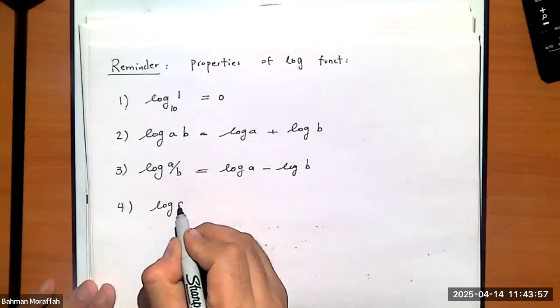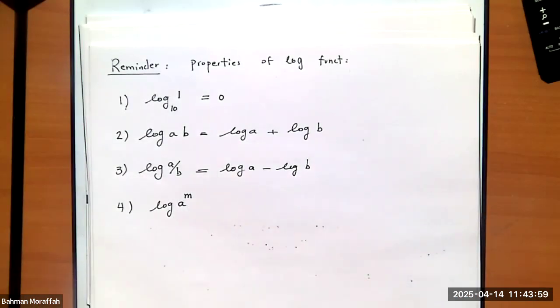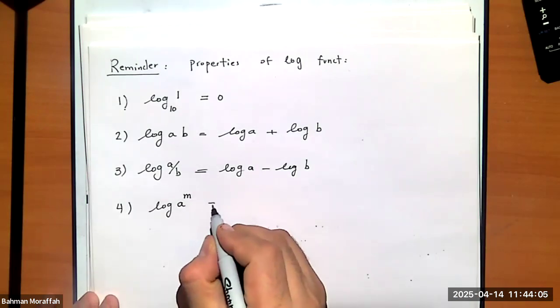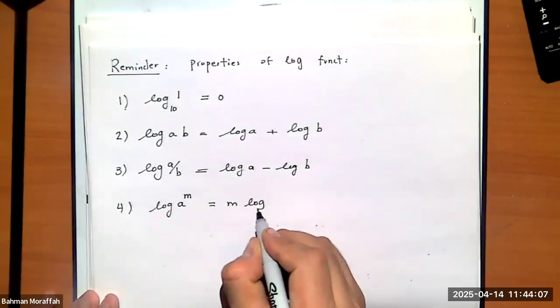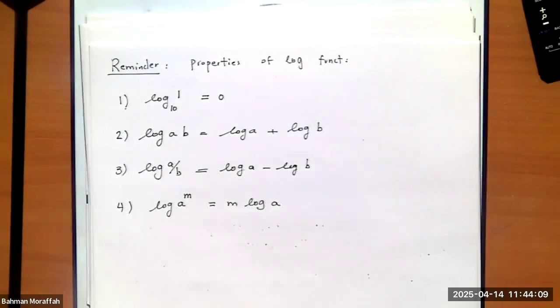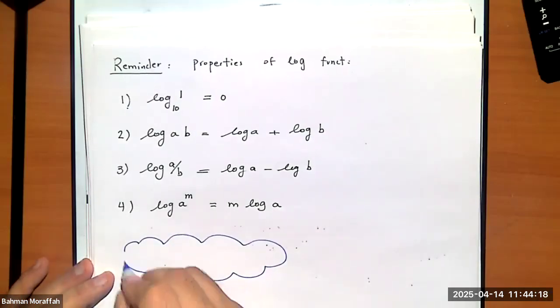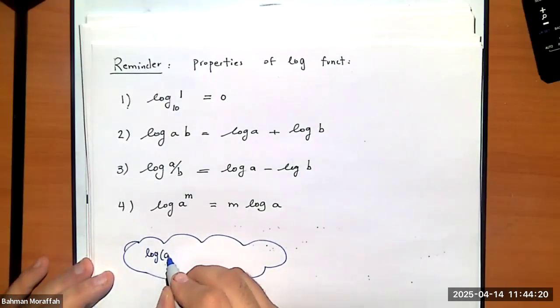What's the log of a to the power of n? We can use property 2 to show this is n times log a. What about log of a plus b?